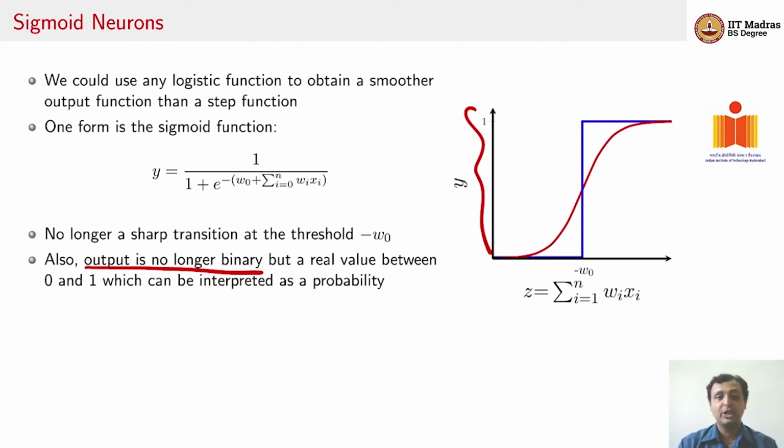So if you used a sigmoid activation function on the neuron in your output layer, it would give you a value between 0 and 1, which can associate a probability with whether a point belongs to the positive class or a negative class.